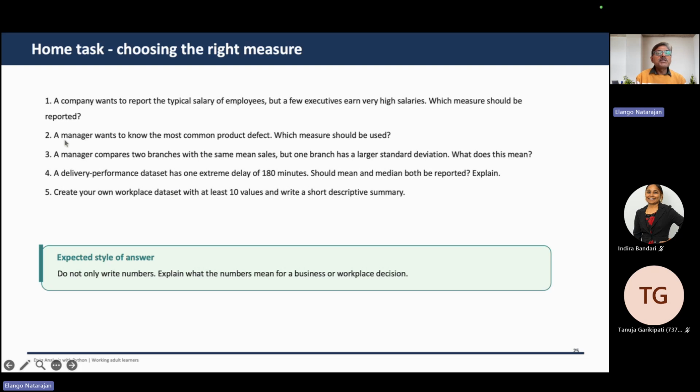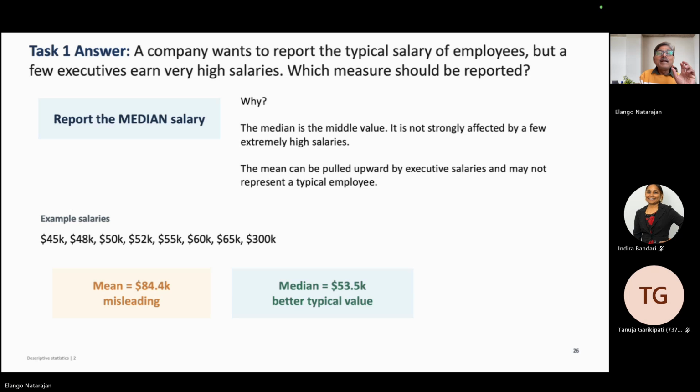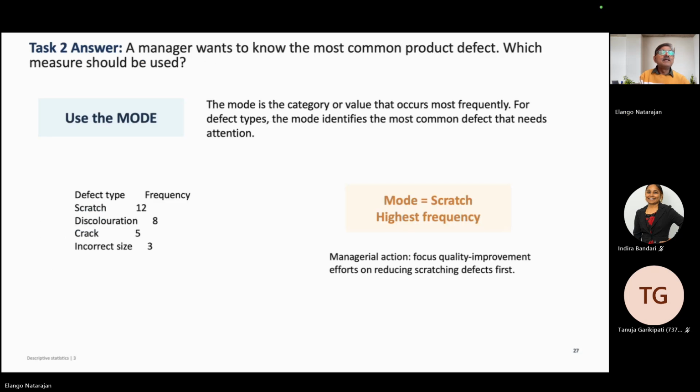A manager wants to know the most common product defect. Which measure should be used? The manager wants to know the most common product defect. That means the defect appears over a period of time. The first day's defects may be 100, the second day 10, the third day 20.